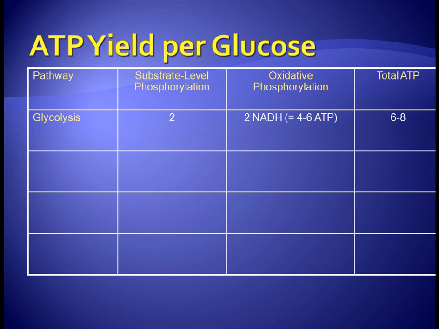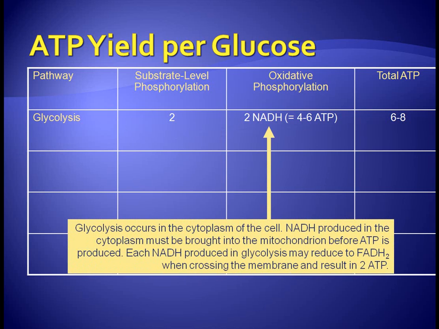So if we look at it again, we can see that glycolysis gives us 2 ATPs via substrate level phosphorylation. But it will also give us anywhere from 4 to 6 ATPs for oxidative phosphorylation. Now the difference here comes with that NADH.